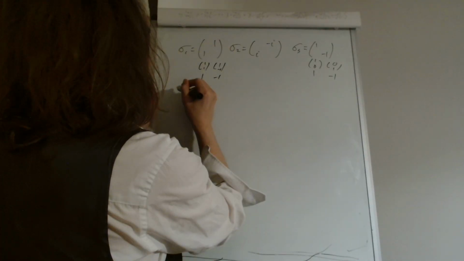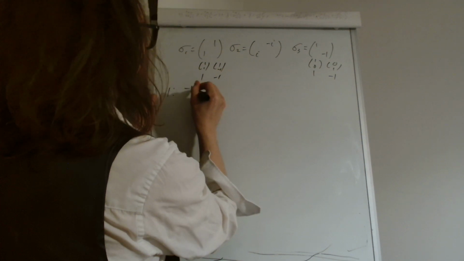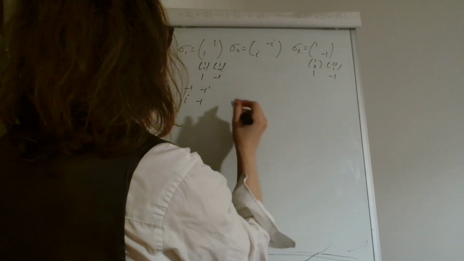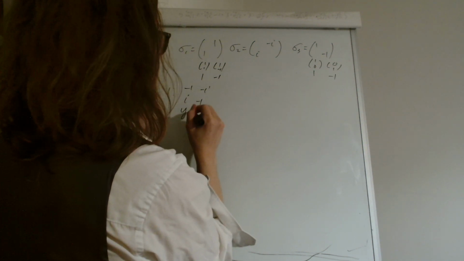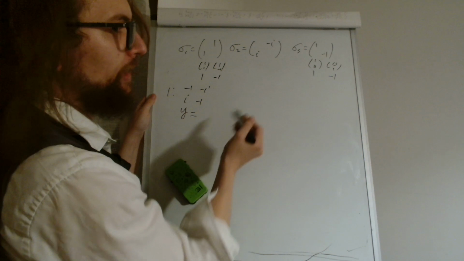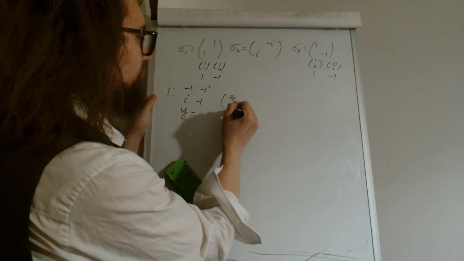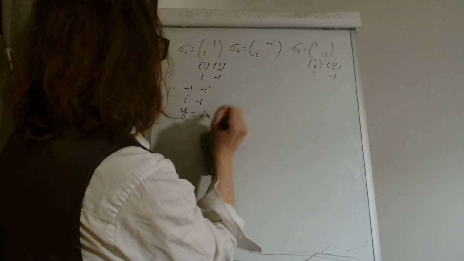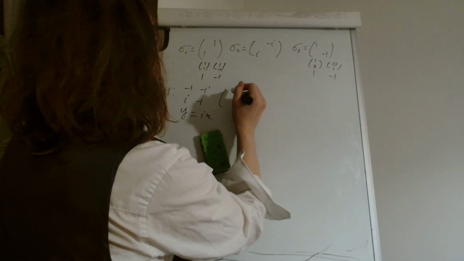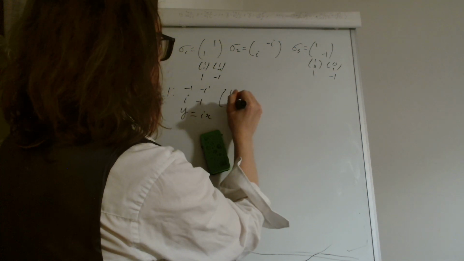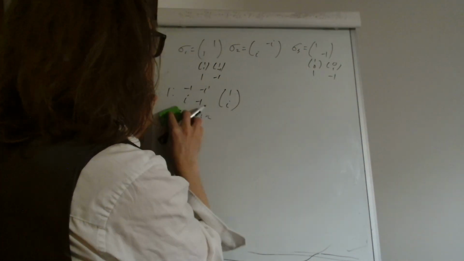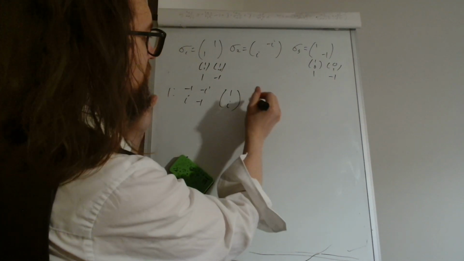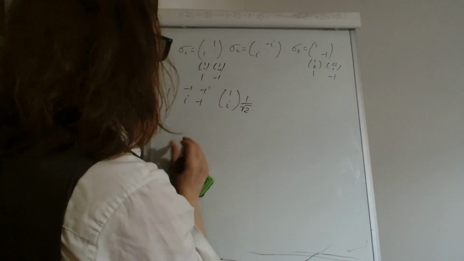We have eigenvalue 1, so minus 1, minus i, i, minus 1. So we have y equals, now I'm writing xy vectors as x, y, we have y equals ix, so we have the eigenvector 1 i, and if we normalize it, we have this divided by the square root of 2.